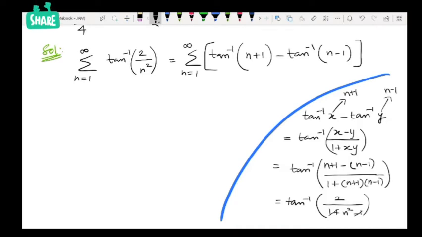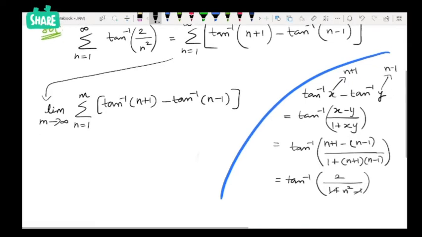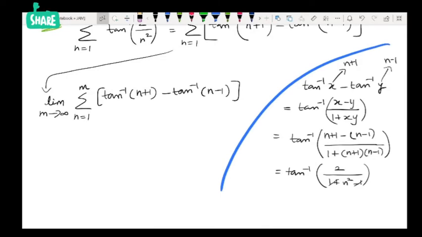Now I'm going to replace the infinite sum as a limit of a finite sum. So the limit as m tends to infinity, with the sum from n equal to 1 to m. Since we have a finite sum, let's just expand it. The first term will be n equal to 1.